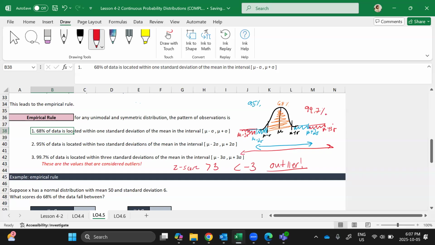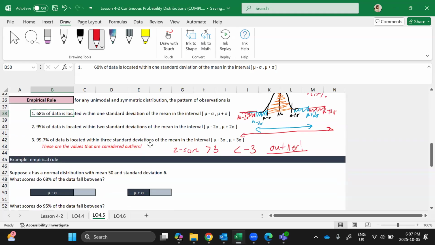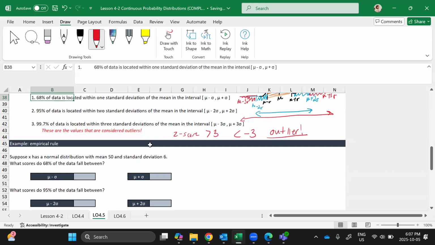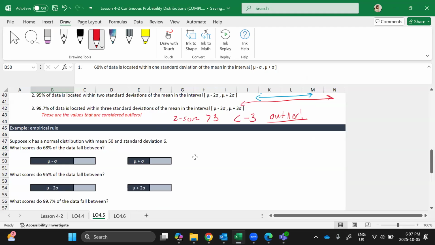So if it's beyond that, it's only 0.3% chance of that happening. We'd consider it very unusual, which we call an outlier, a data point that does not match with the rest. We learned about this back when we talked about the Kentucky Derby data set, but now instead of just looking at a picture like a box plot to determine the outliers, we actually have a calculation that can show you if you have an outlier or not.